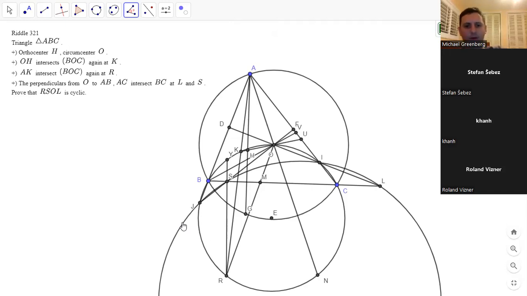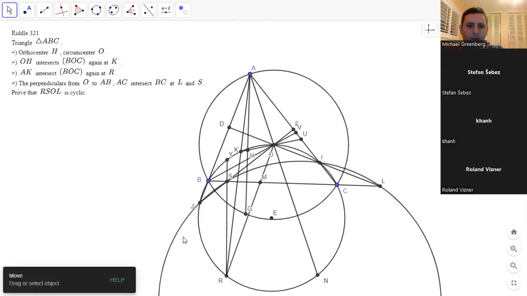Maybe we could use the isogonal line lemma. Actually, I'm not so sure about that. It's more like a spiral similarity. So it's basically saying there's like a spiral similarity from.